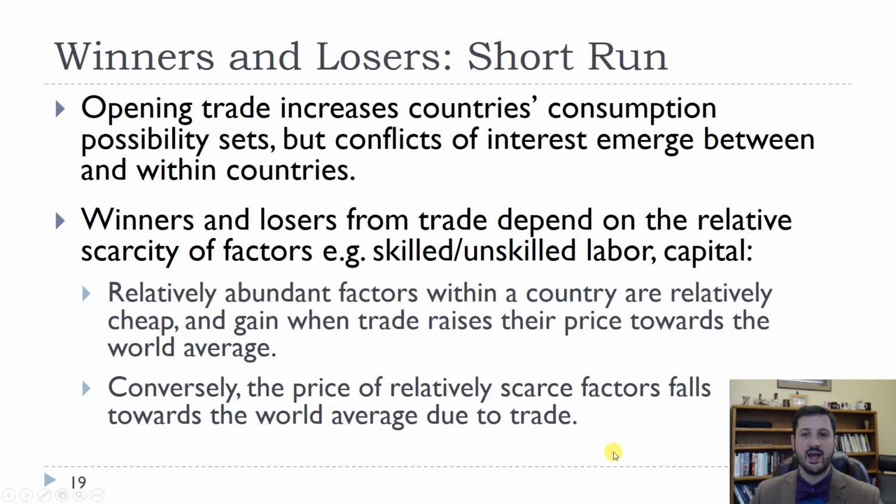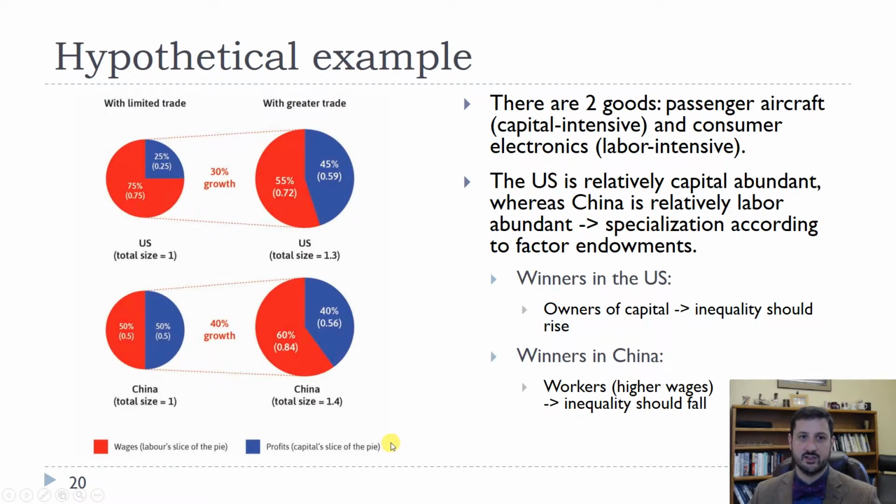And so what's going to happen in the short run in terms of trade depends on that relative scarcity. We can think about skilled labor, unskilled labor, and capital, and also think about the price of those relatively scarce factors.